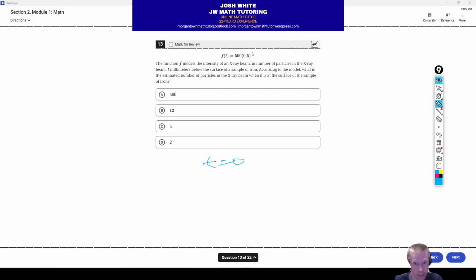So we're just plugging in t as 0, and if you are familiar with exponential functions, you should recognize the initial value is just this number out front here, because 0 over 12 is 0. 0.5 to the 0, or any number to the 0 power, is just 1, and 500 times 1 is 500. So this one's going to be 500, and that's it. No other work to do.